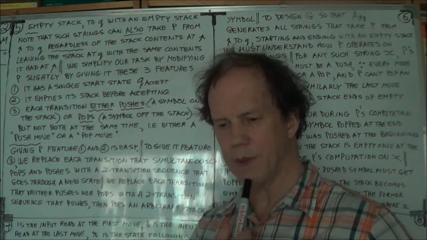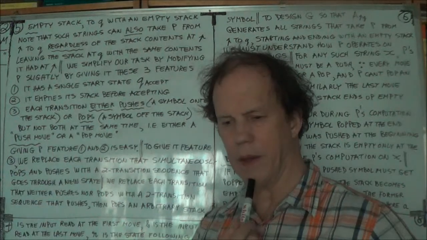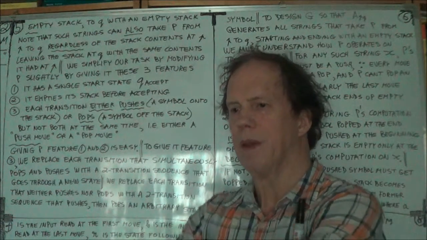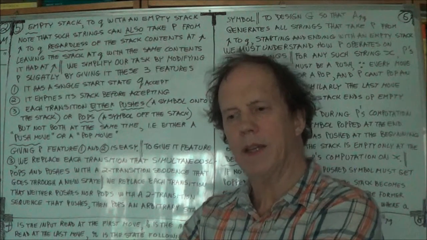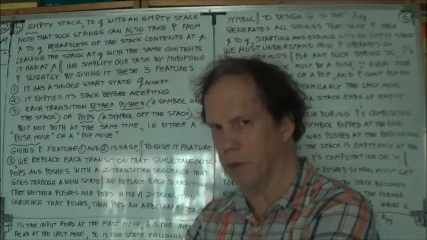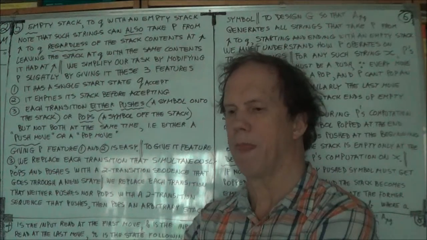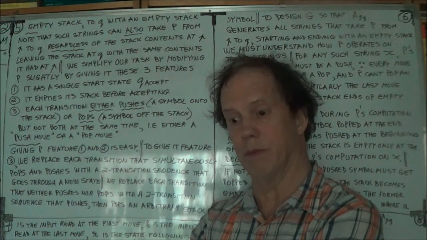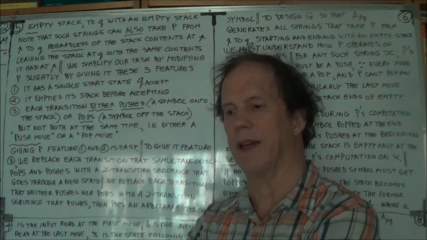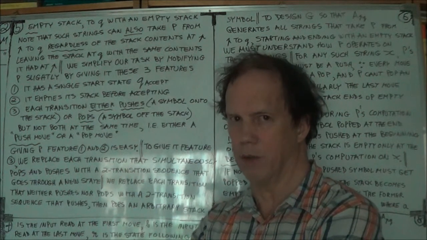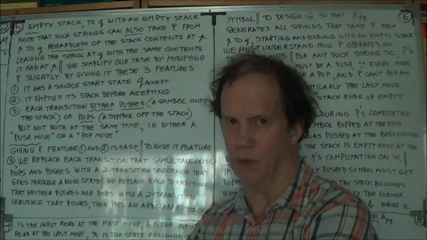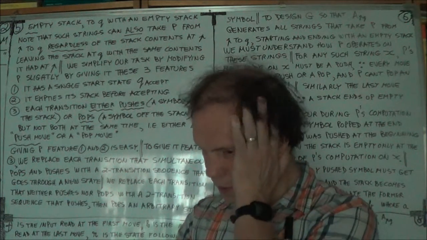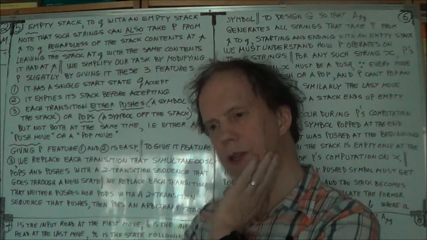For every pair, little p and q belonging to big P, create a new variable belonging to the grammar G, and label that new variable capital A suffix PQ. So A PQ, right?